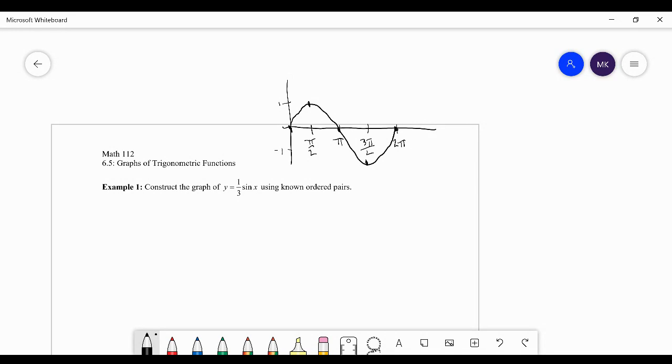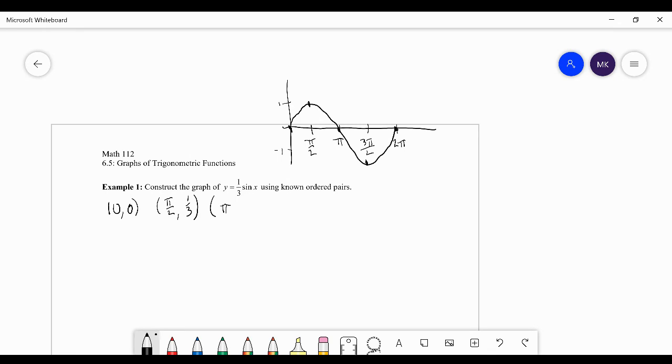I want to use those points to help us construct the graph of y equals 1/3 sine x. If x is 0, then sine of x is 0, and 1/3 times 0 is 0. If x is pi over 2, then sine of pi over 2 is 1, and 1 times 1/3 is just 1/3.